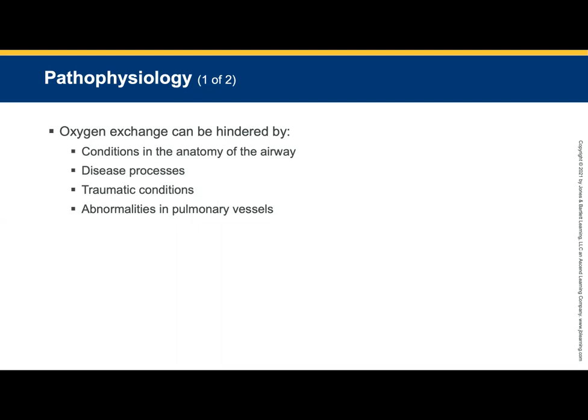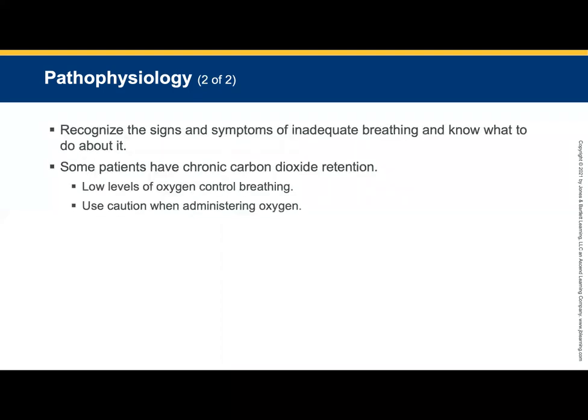But we can help fix that by supplying supplemental oxygen and assisting. As EMTs, we recognize these things so we can try to fix them. Recognize the signs and symptoms of inadequate breathing and know what to do about it. How are you going to fix this?